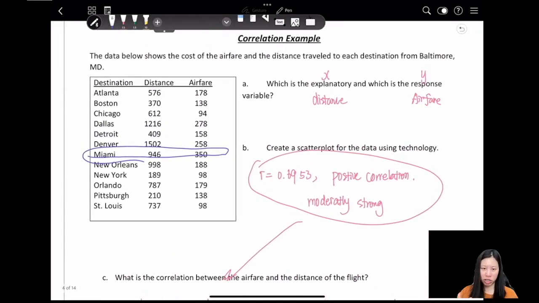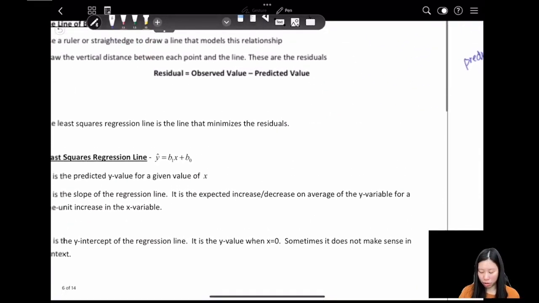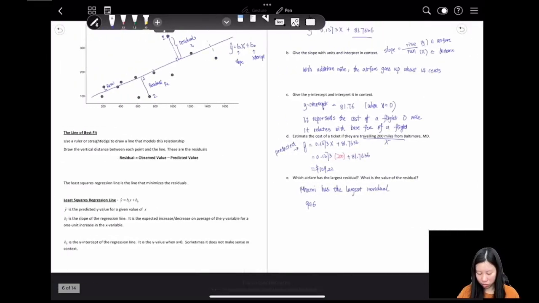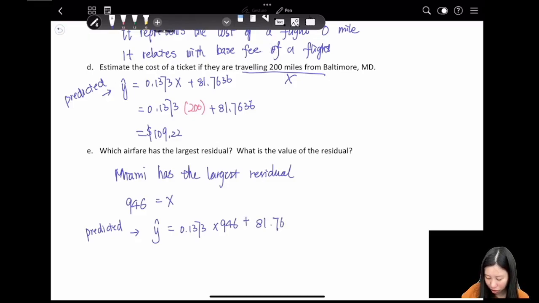So what will be the predicted price? We can find out by using our regression model. So this is x equals 946. So y hat, remember this is the predicted value, equals 0.1373 times 946 plus 81.7636.